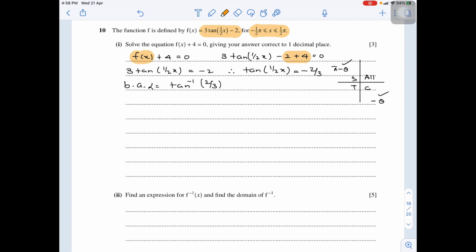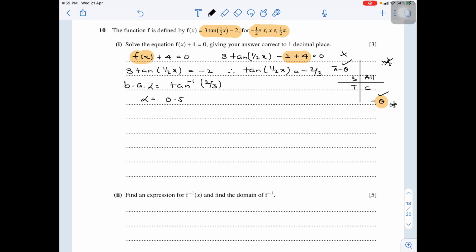Now, if you notice the region given to us, the domain is negative half pi to positive half pi. That means it is in the first quadrant or the fourth quadrant. We do not have the second quadrant, so we'll ignore that. So what I need is only negative theta.